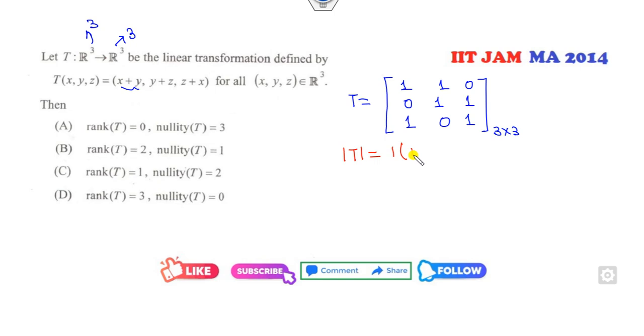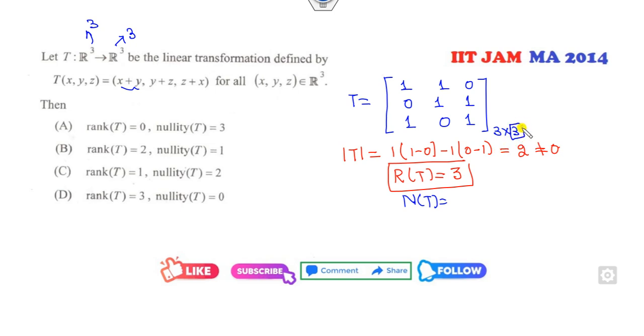The determinant will be 1 minus 0, minus 1, 0, minus 1, which is 2, non-zero. If the determinant is non-zero, the rank will be the maximum rank. So if the rank is 3, what is the nullity? The number of column vectors is 3 minus rank, so nullity is 0. Rank 3 is the correct answer.